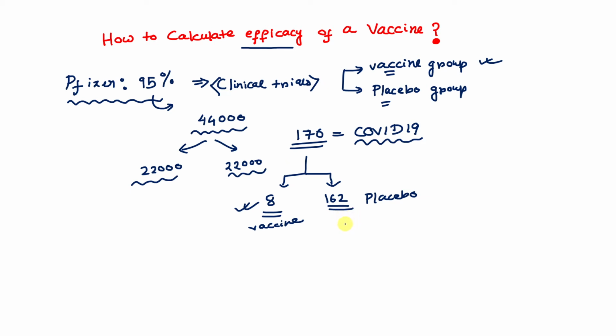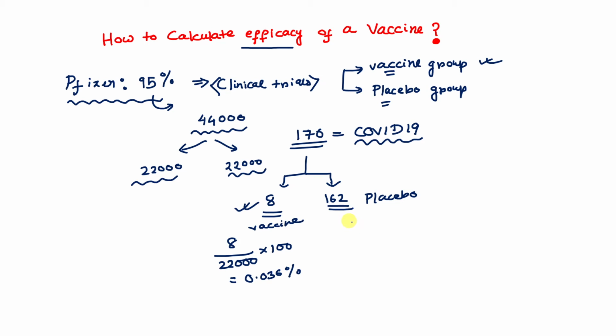Now if you want to convert these numbers into percentages, then for the vaccine group it is 8 divided by 22,000 times 100, which is roughly 0.036%. So only 0.036% of the people in the vaccine group were affected by COVID-19.